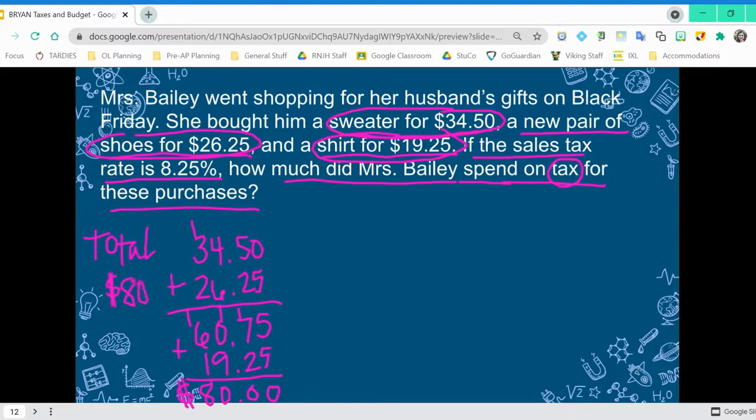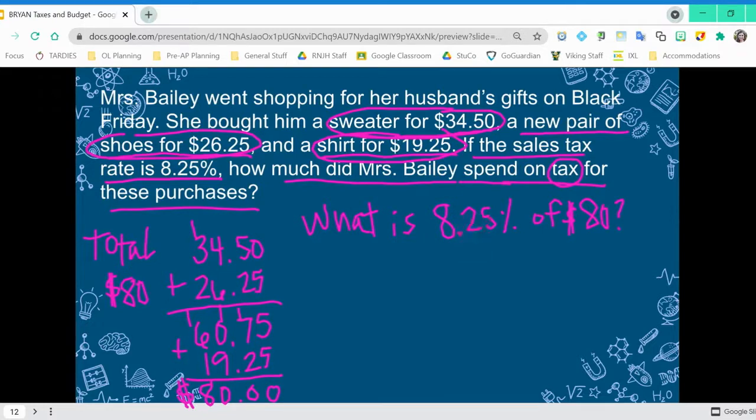So now we want to find the amount of tax. So in other words, what is 8.25% of $80? That is what we want to know, because we want to know how much tax she is going to have to add on to that total to make sure she has enough money to buy these gifts.